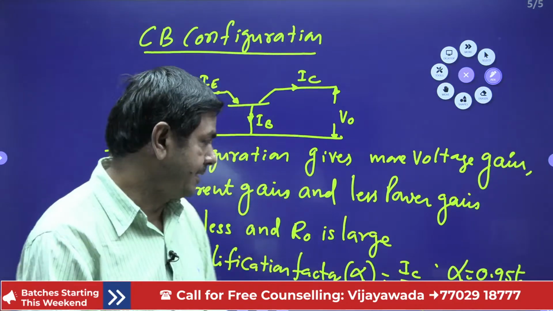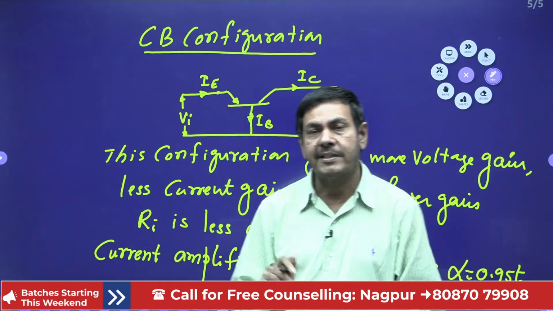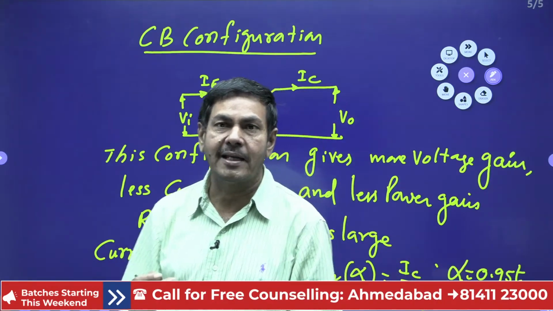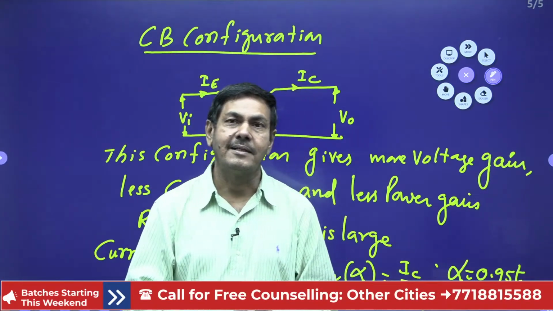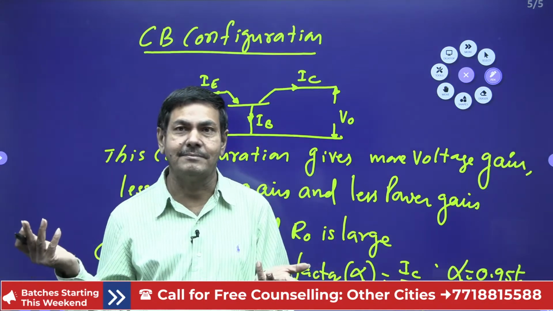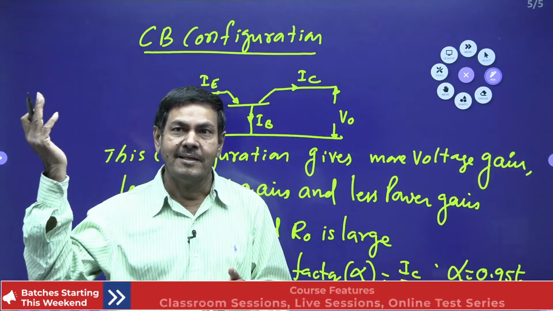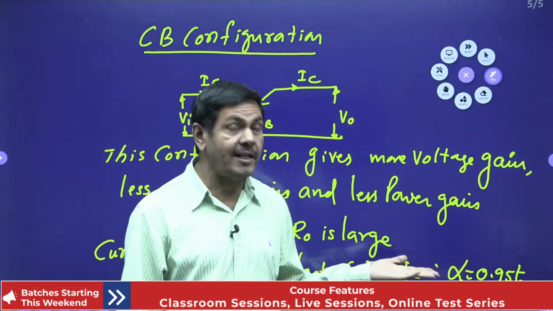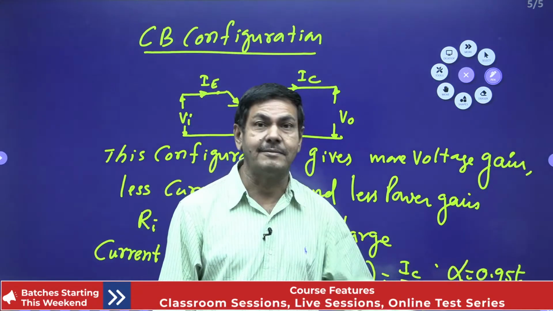Suppose anybody said, sir, I can design a common base configuration with alpha equal to 0.99999, sir. Immediately the people will get a heart attack. How can you design with alpha equal to 0.99999? The maximum value of alpha available from the common base configuration is nothing but 0.998 only.